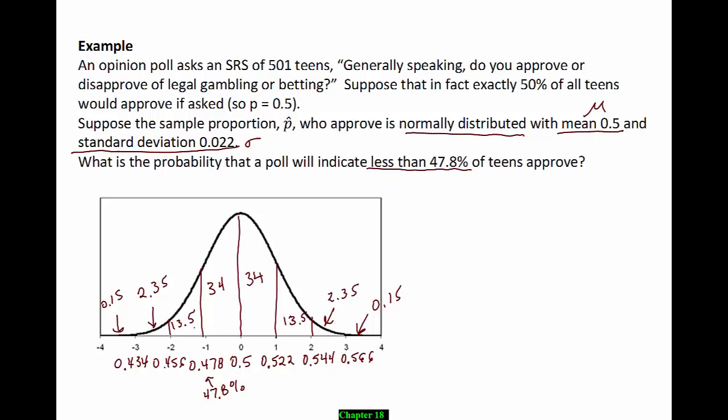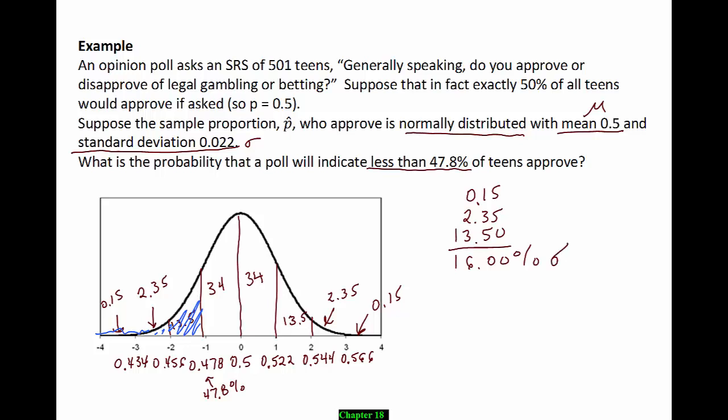So we want this area, and this area. We want everything to the left of 0.478. So we're going to add 0.15 to 2.35 to 13.5. And that comes out to be 16%. So 16% of samples will indicate less than 47.8% of teens approve.